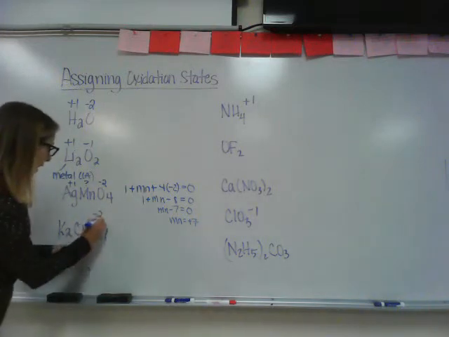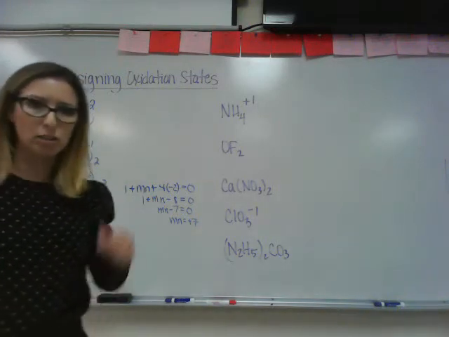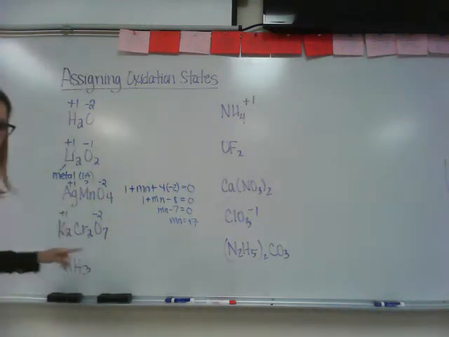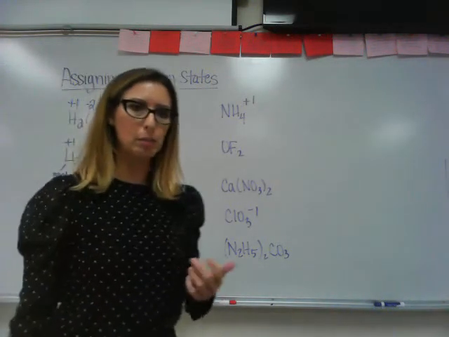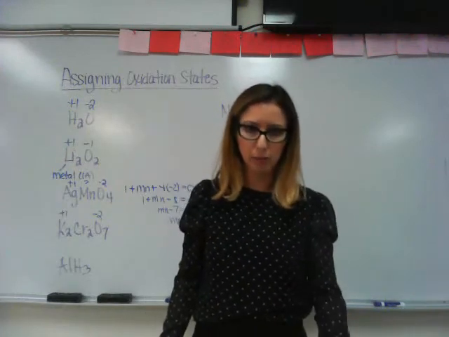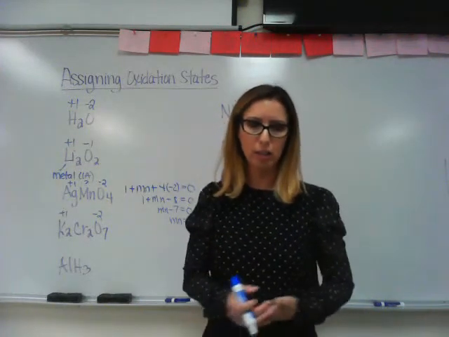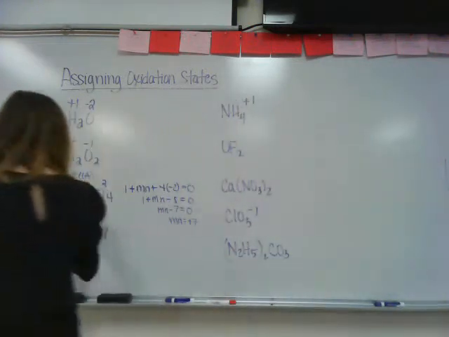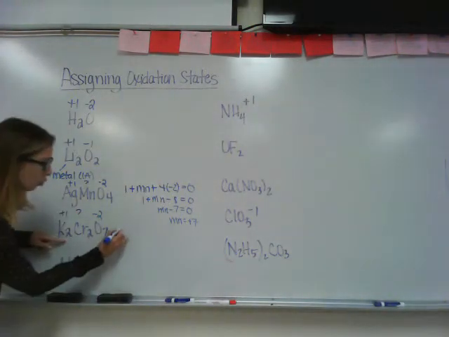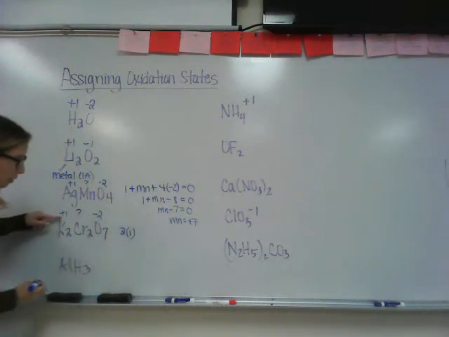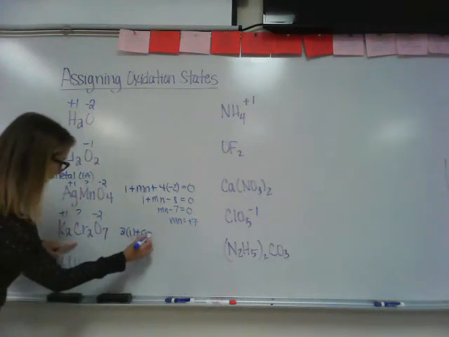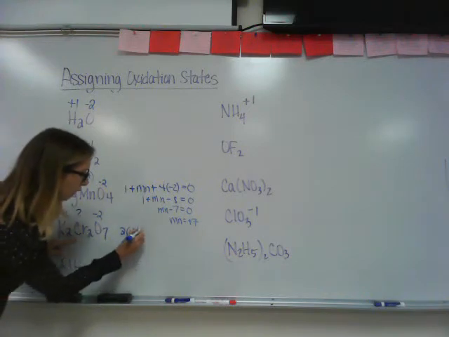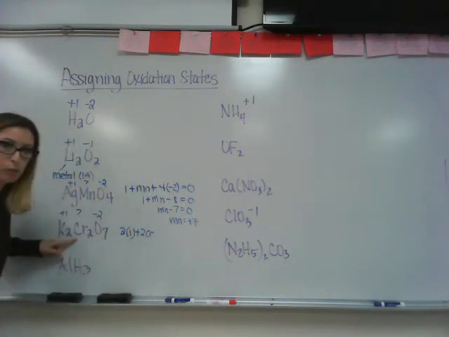K2Cr2O7, assign oxygen its usual oxidation state of -2, and then assign potassium a +1, because potassium is a metal in group 1A, and the metals in group 1A tend to have an oxidation number that's the same as their charge. Then we're going to calculate chromium. If you have two potassiums at a +1, and you add that to chromium, of which you have 2, which means you should put a 2 in front of the chromium.